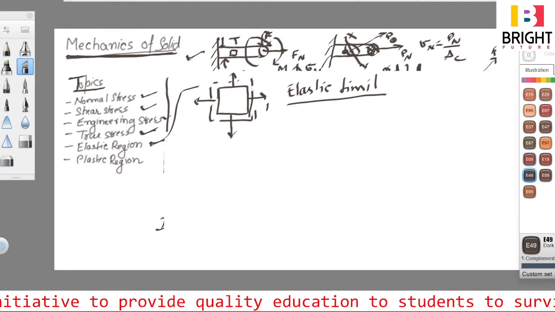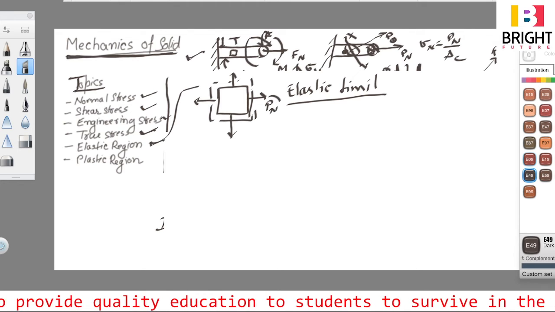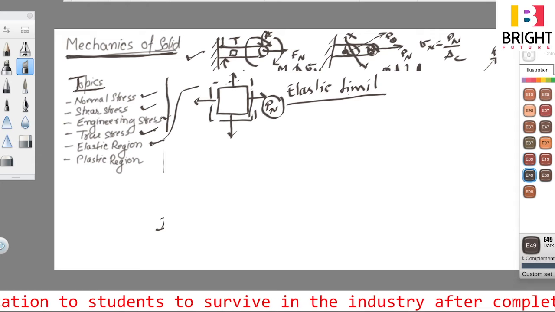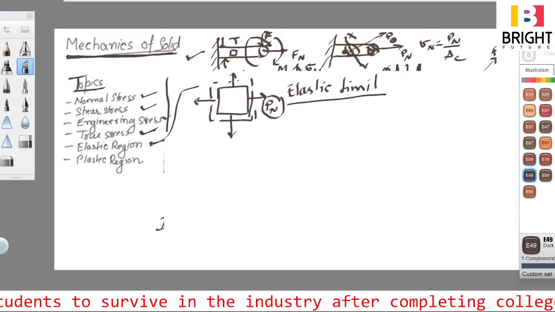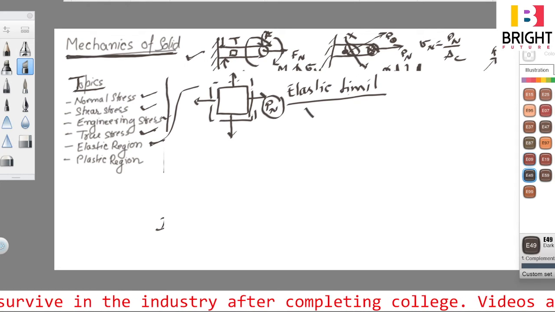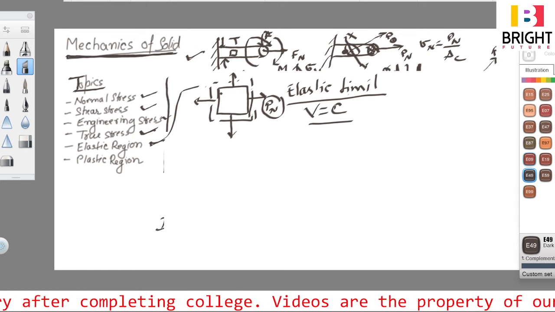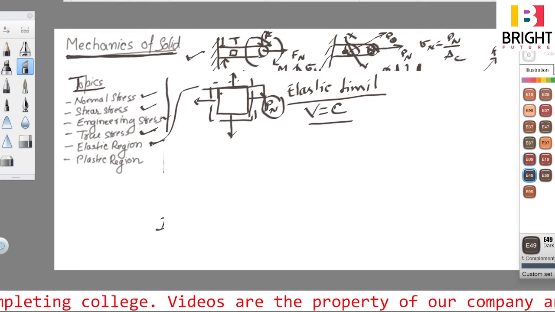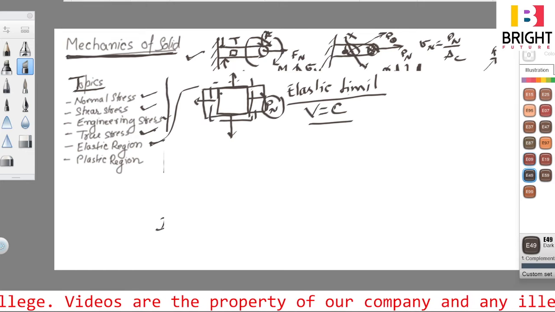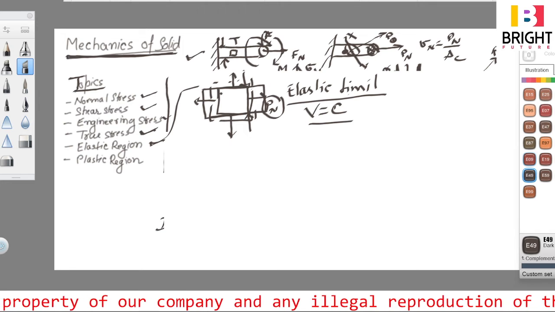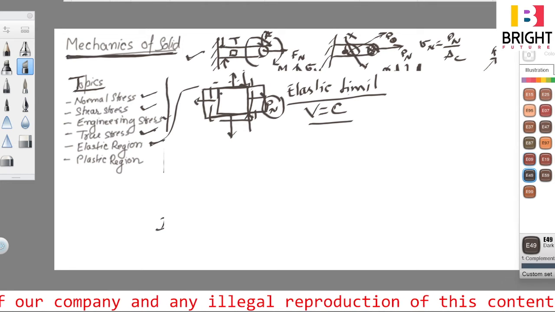So when the load crosses that elastic limit, this expansion will not be there. Then the volume will become constant. It will not be a volumetric expansion, but length will increase and diameter will decrease at the same time. So volume will not increase. This is known as the elastic region.